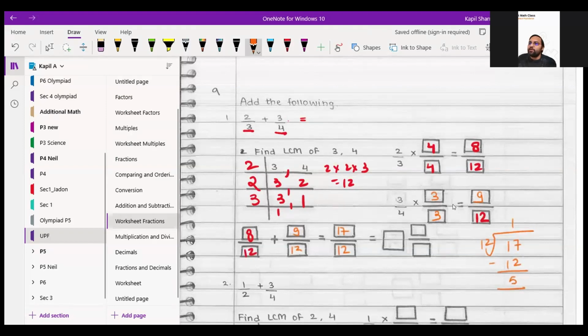Remainder is 5. So this 1 is your whole number, and 5 upon 12 is the fractional part. I hope this is clear. Any questions here? Swastik, Prachi, Parth? No. Okay.